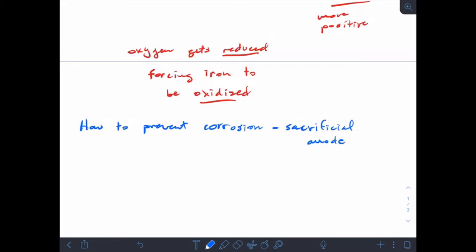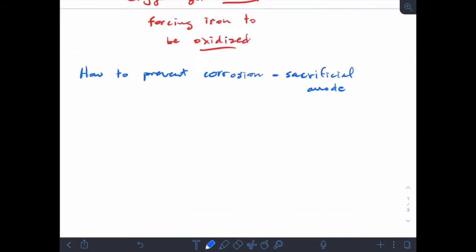If iron is being oxidized by oxygen, that means that iron is the anode. But if I make a scenario where something else gets oxidized instead of iron, it becomes the anode and will corrode instead of the iron. So let's see how that plays out.